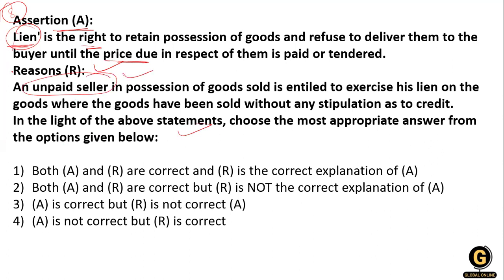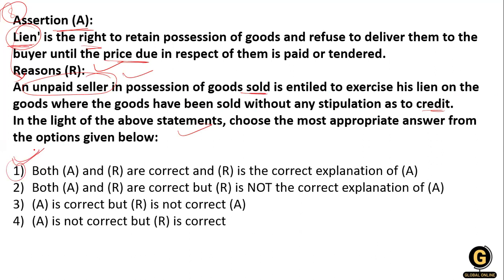The right to retain is for the unpaid seller, who has a right to retain possession if the buyer has not paid the money. The seller sold the goods without any stipulated credit, so he has the right of lien. This is a right of the seller. So yes, option number one is right.